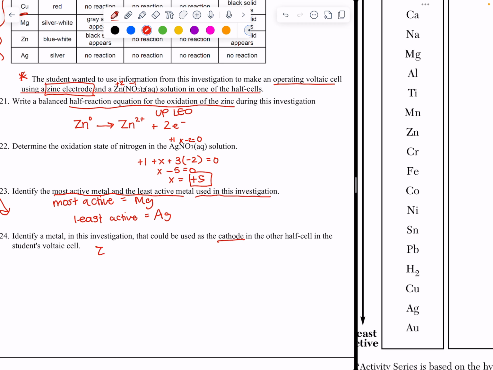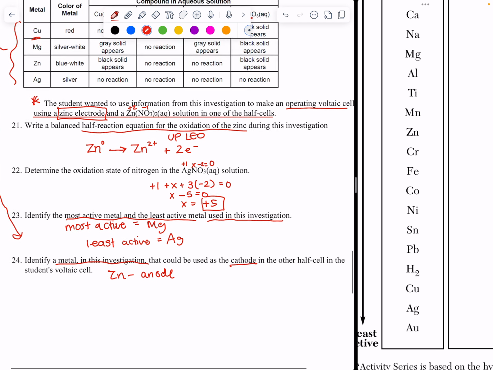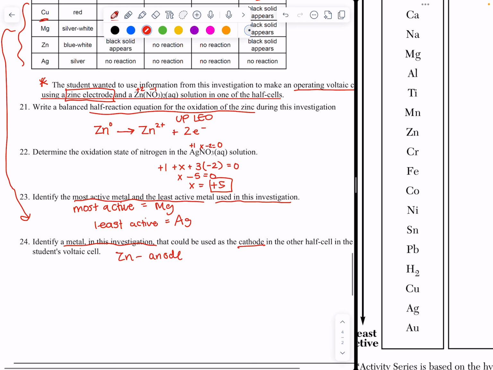So that means zinc is the anode. To make it an operating voltaic cell, I need my cathode to be lower than zinc on table J. And it says, again, used in this investigation. I have these 4 options.